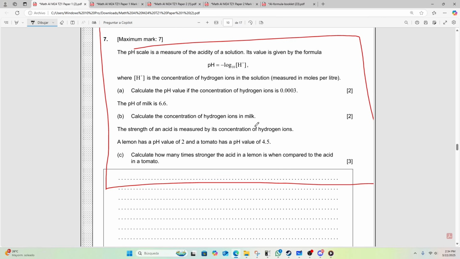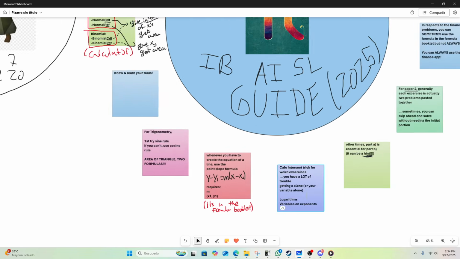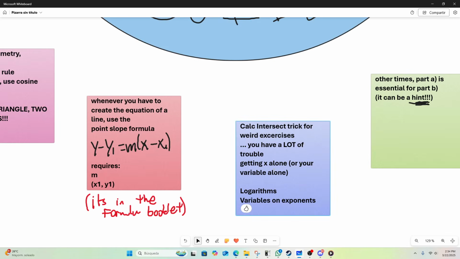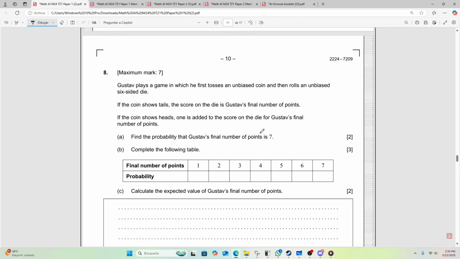Number 7, logarithm. We already talked about it. Essentially, I think I wrote it here actually. So logarithms, calc intersect is going to help you for these scenarios. Okay, that's pretty much it. Here it is just a hardcore probability problem. Not too much on the form.